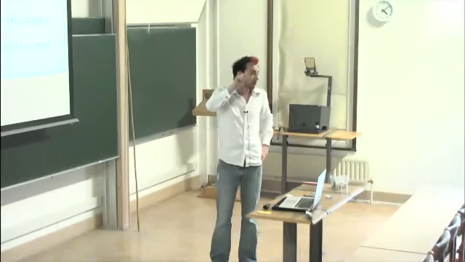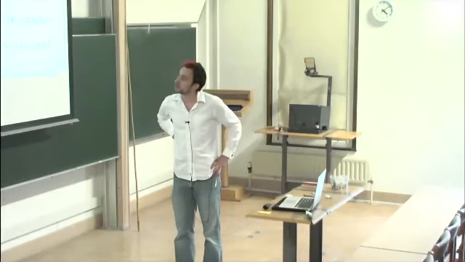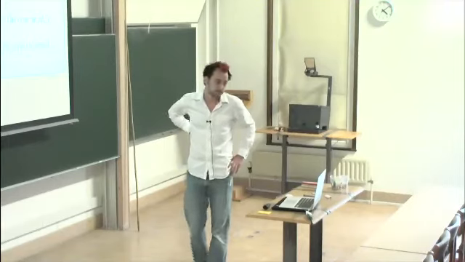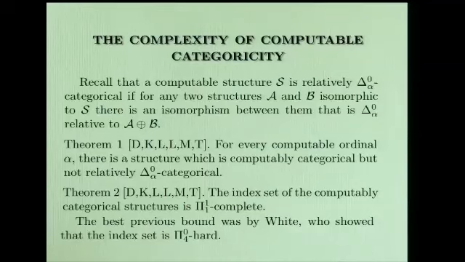For some computable ordinal alpha, you'd only have to search over delta 0 alpha isomorphisms. Okay, so what I want to do basically is to sketch the proof of the second theorem. But the way in which you prove the second theorem is to prove the first theorem and then apply an overspill argument.